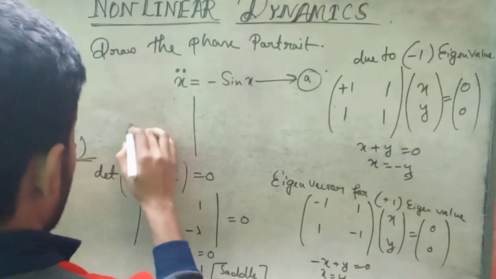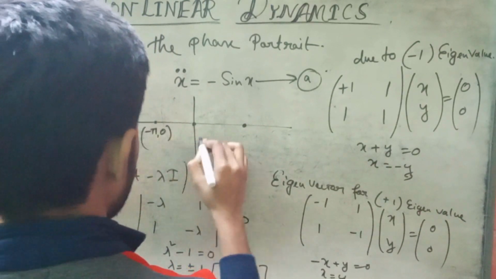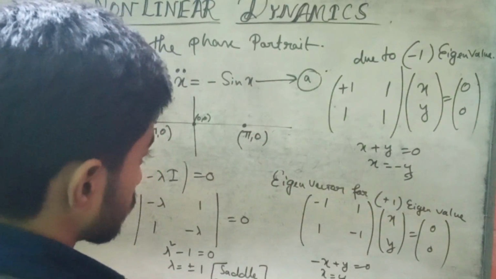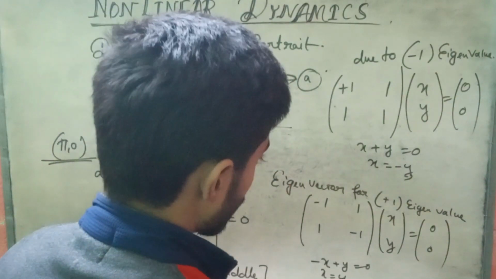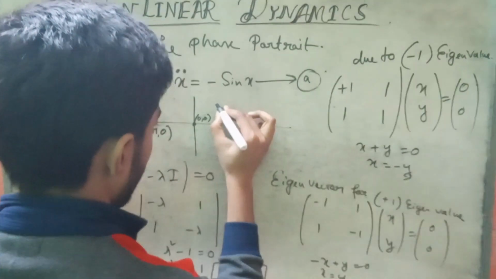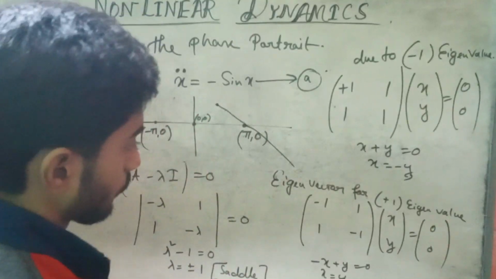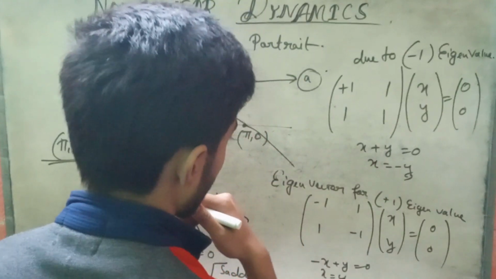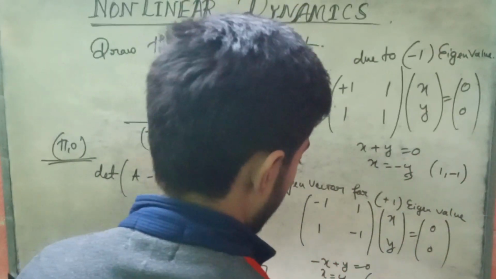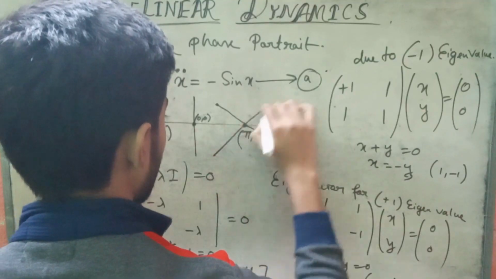So this is 0, 0, this is minus pi, 0, this is 0, 0, and this is pi, 0. Due to the positive eigenvalue, this is the direction of the eigenvector. For the negative eigenvalue, let's say 1, minus 1 is an eigenvector, and this is 1, 1. So this is 1, minus 1, right?